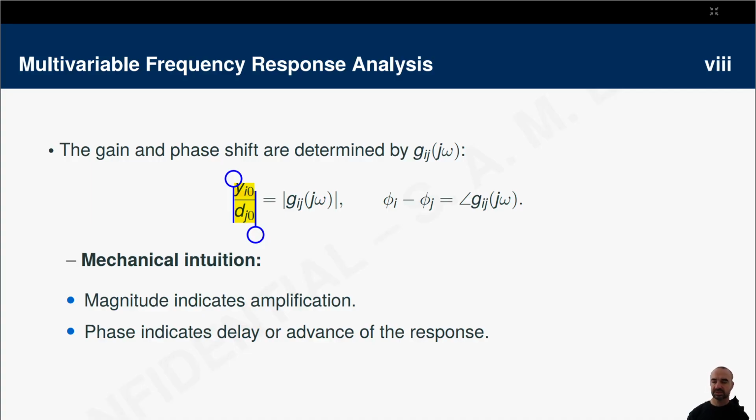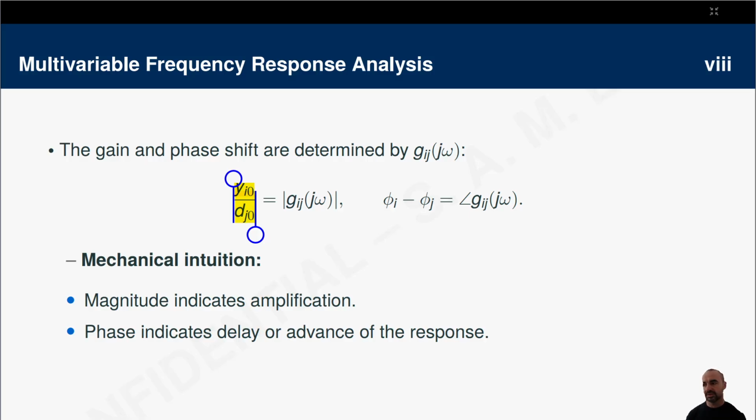We're going to see this in an example again, because this small g_ij is the transfer function between input channel j and output channel i. We are specifically targeting these two, talking about the ratio of these two, and the phase difference between φ_i and φ_j.